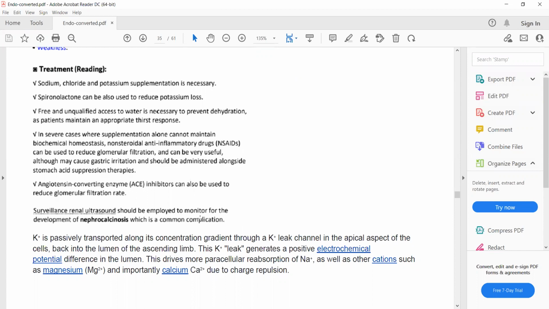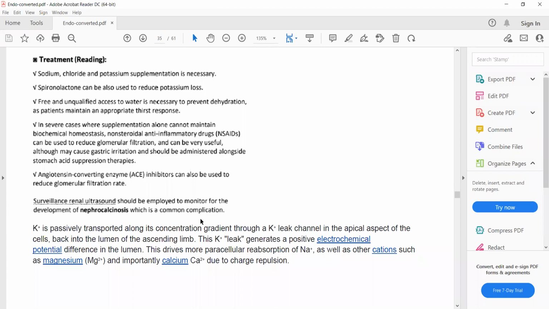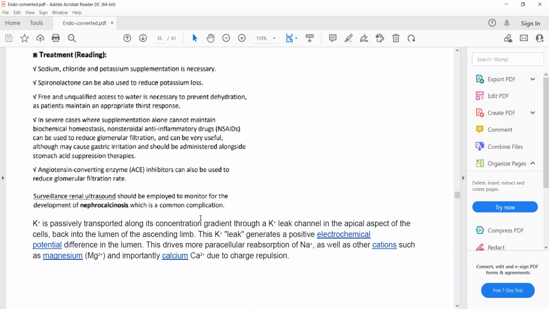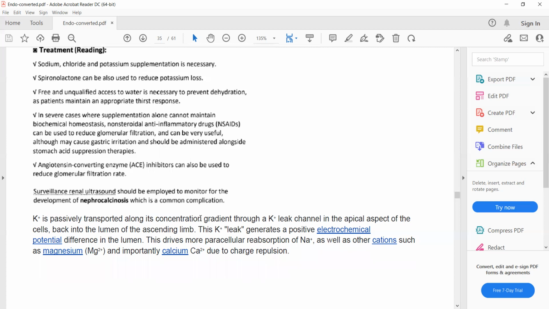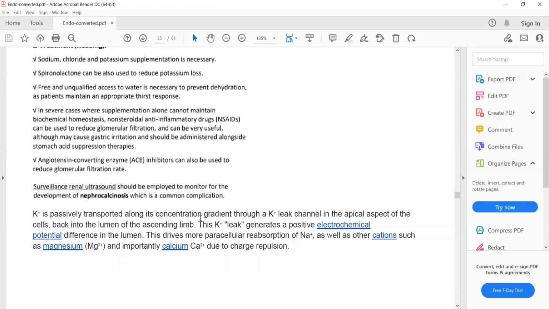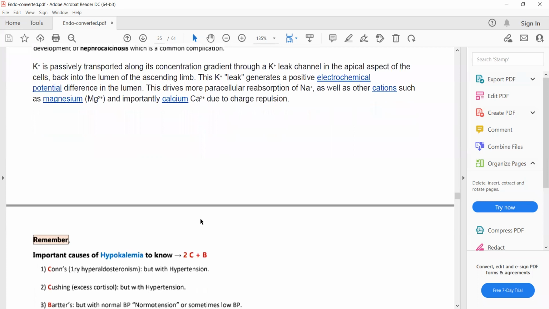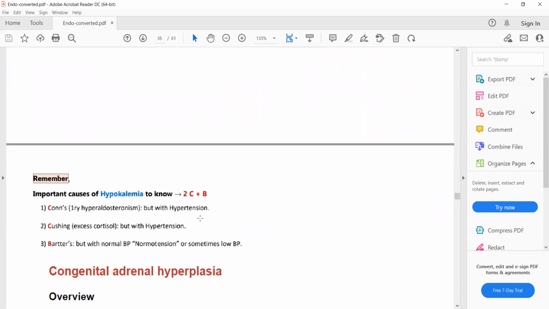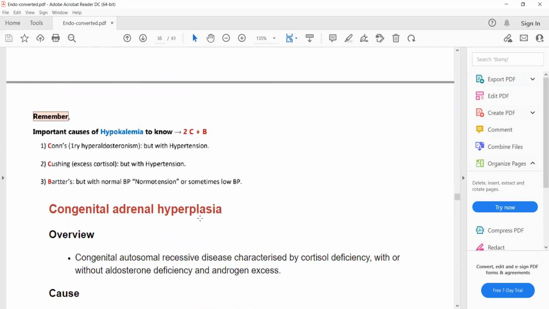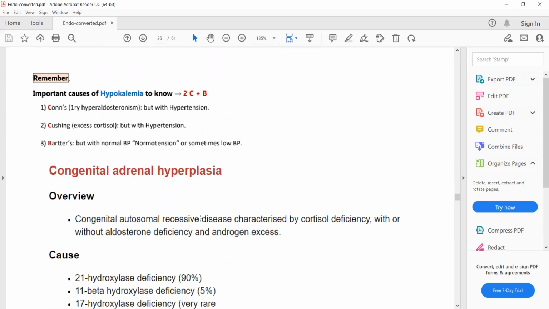So in severe cases, NSAIDs can be used. Also, ACE inhibitors can be used. This treatment is not going to be asked in the PLAB 1 exam, but still it's very easy, so you can remember it. So this was all about hypokalemia and its causes.